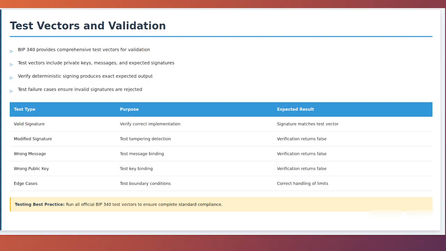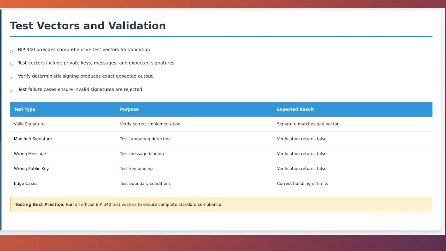We call our sign function with the private key and message bytes, and we should get back a 64-byte signature. We convert this signature to hexadecimal and compare it character by character to the expected signature in the test vector. For BIP 340, because nonce generation is deterministic following RFC 6979, we should get exactly the same signature bytes every time.